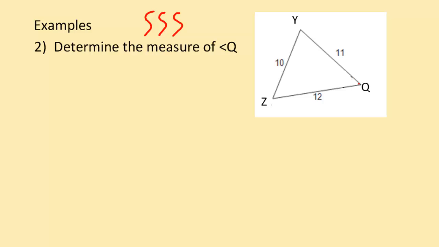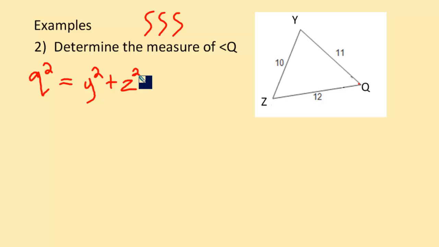To get the measure of angle Q, I'm going to need angle Q in my formula. So that means I'm going to want to end with cosine of Q. And if I end with cosine of Q, that means I need to start the formula with side Q. So side Q squared is going to equal, I'm going to start out as a Pythagorean problem, side Y squared plus side Z squared.